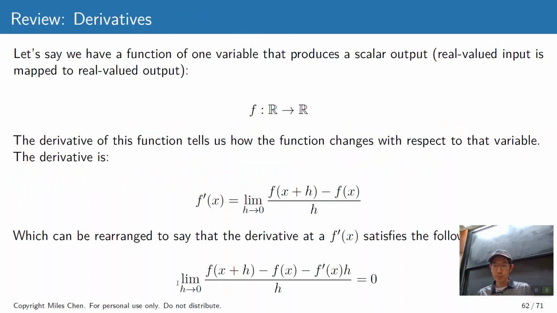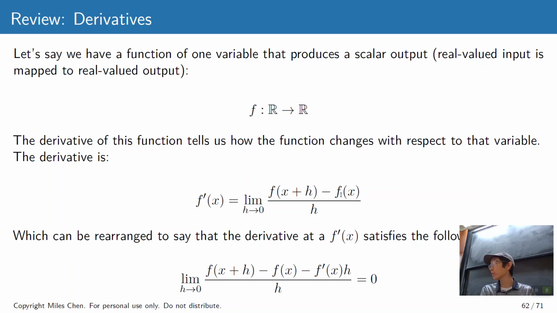So how do derivatives work? If you think of a regular function where you have a scalar input and a scalar output, going from x to y, a real number input and a real number output, then the derivative is basically: you add a tiny little h to x, and ask how much did your function change?